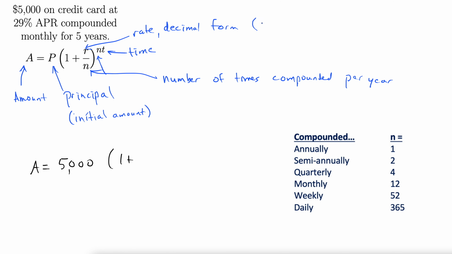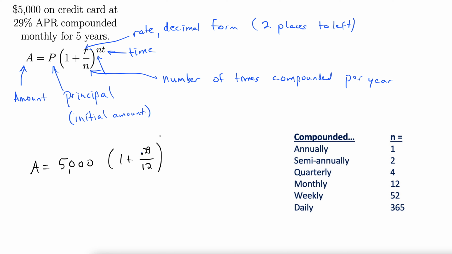What I mean by decimal form is move the decimal 2 places to the left. So we don't say 29%, we use 0.29. So go back and review all your decimal percentage stuff if you don't remember why that's the case.